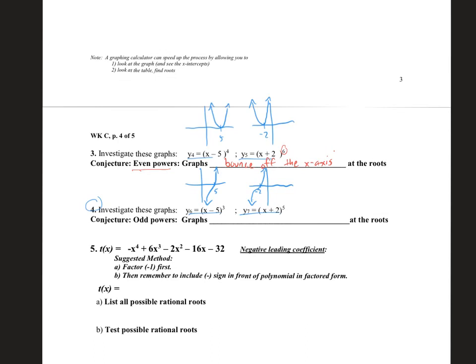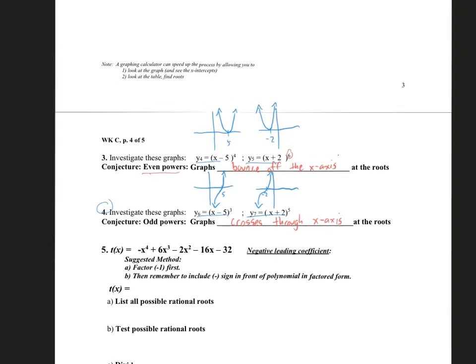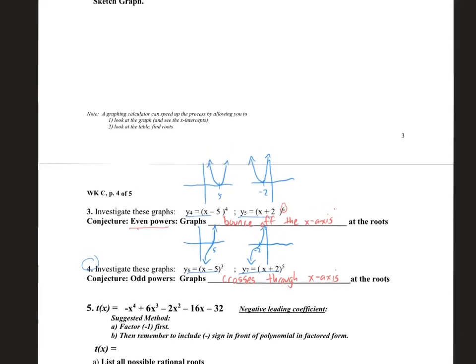That's going to hold true for any odd powers or any odd multiple roots. So the conjecture here is the graph crosses through the x-axis at those roots. And again, that's going to give us some important information about how these graphs behave once we go to graph these really without the calculator.